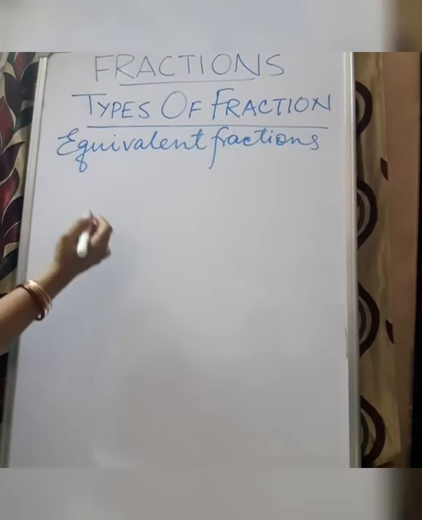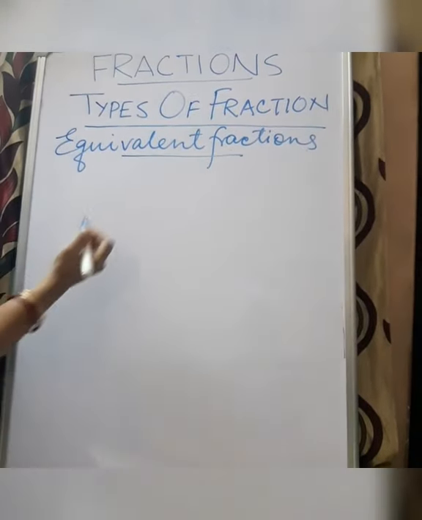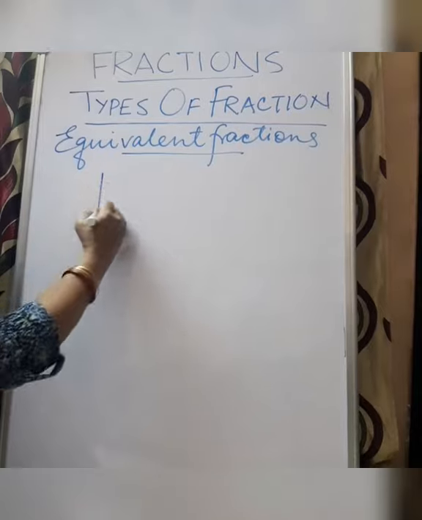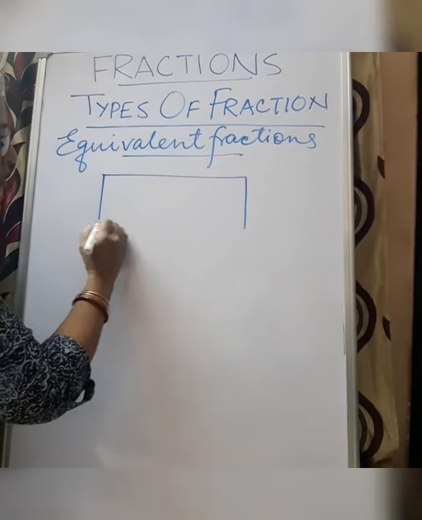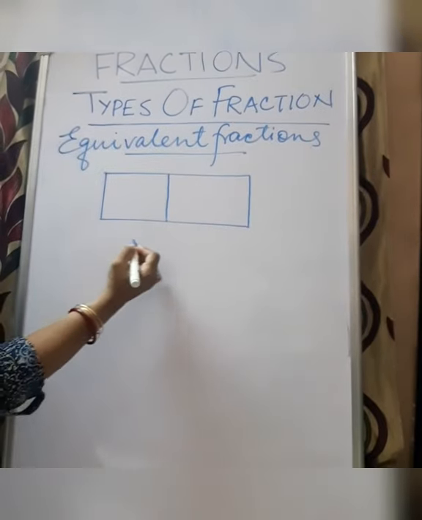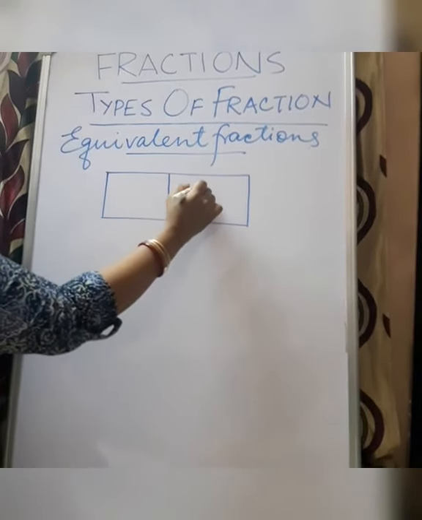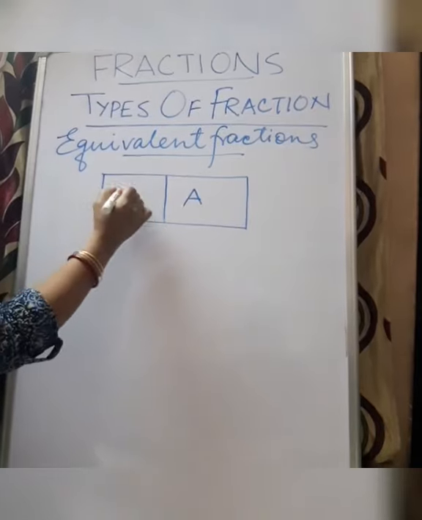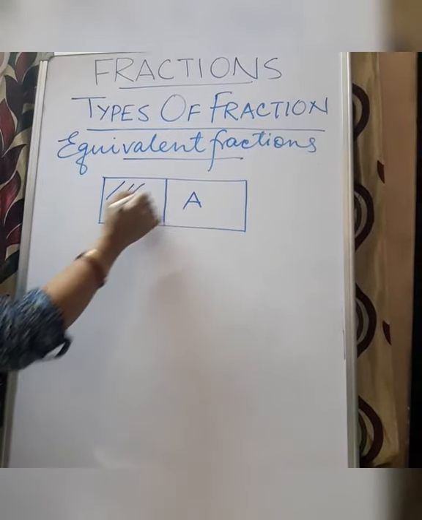Now, what are equivalent fractions and how do we find them? See, if I have a piece of chocolate and I divide it into 2 parts, giving one part to my student A and keeping one part for myself.